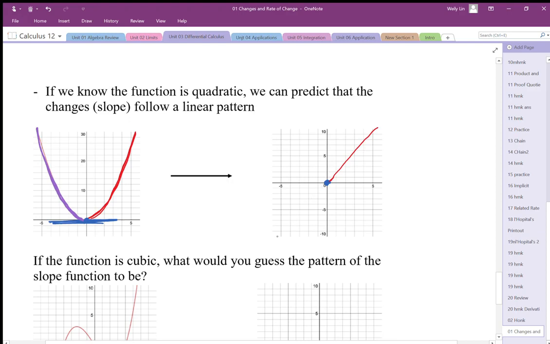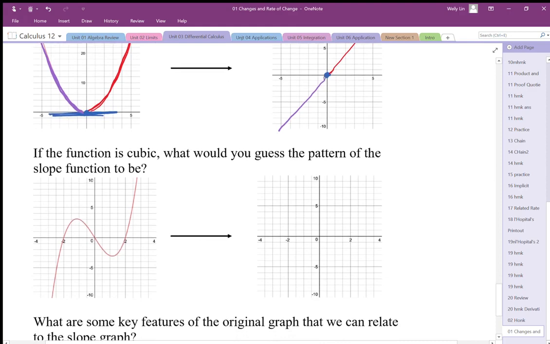So I'm just going to draw it like that. This is the graph y equals x squared. This parabola is going to give us a slope graph that looks like this, where the y values represent slope values. We're using the fact that the changes in the y's are linear, so we should see a linear change in the slope.